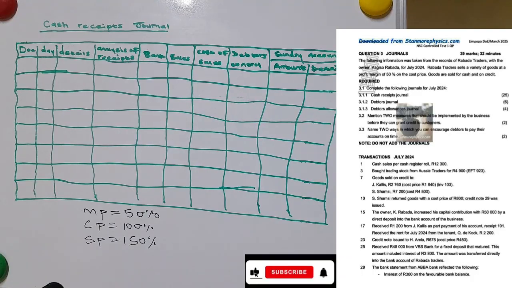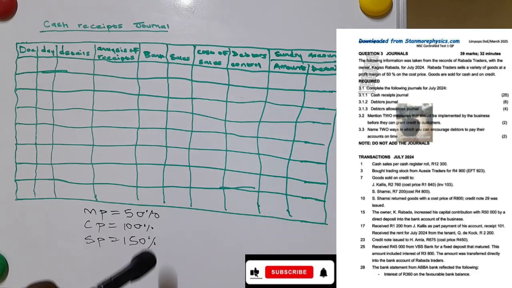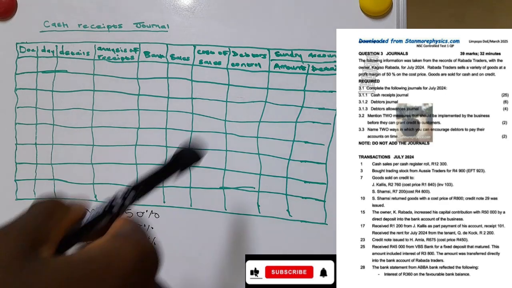We are going to use these whenever we want to calculate our sales. If we were given only cost of sales, we use this to calculate the sales. If we are given only sales, we use this one to calculate cost of sales.